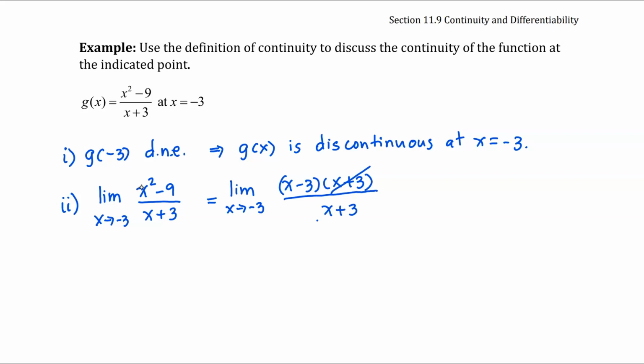This factor here will cancel out. And then you can plug in negative 3 to the function here. You get negative 3 minus 3, which is equal to negative 6. So this example is the case wherein the limit exists, but the function is not defined at that value of x. Therefore, the function is discontinuous at this x.